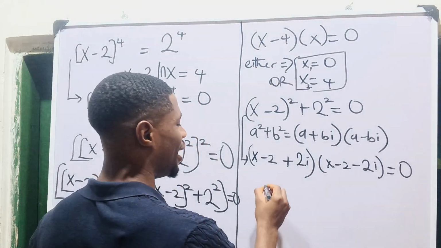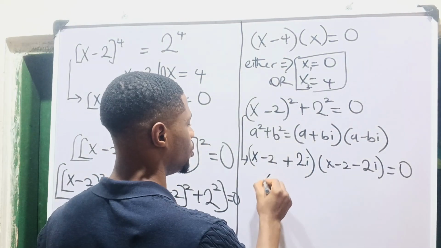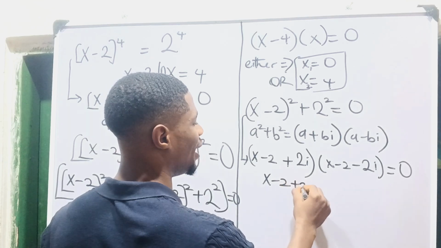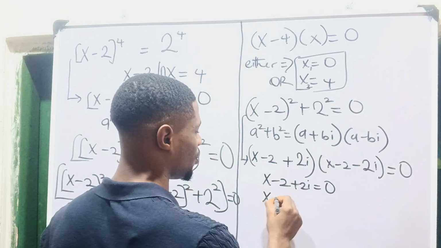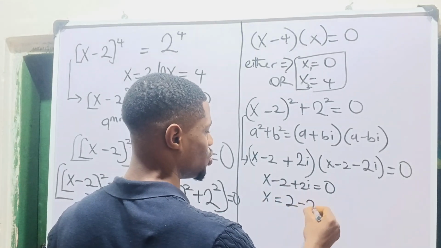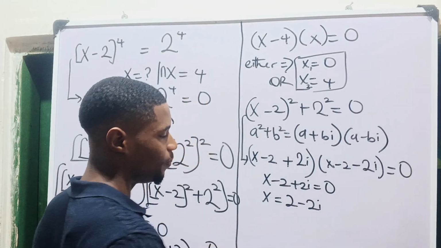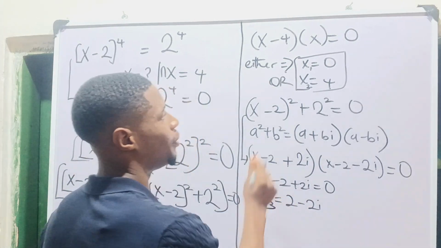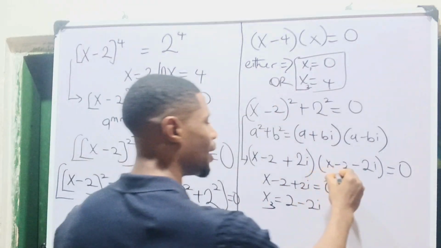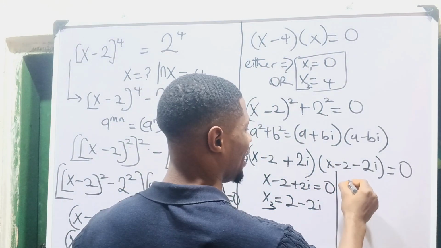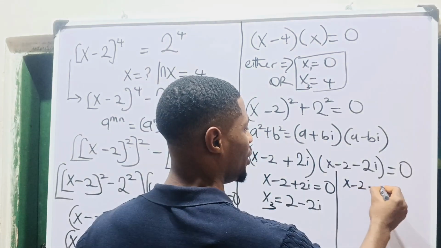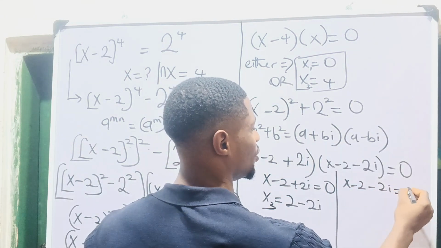So either we have x - 2 + 2i is equal to 0. From here we can say that x is equal to 2 - 2i. So this is x3. If you remember, we had x1, x2, now this is x3. Now the last answer for x: we have x - 2 - 2i is equal to 0.